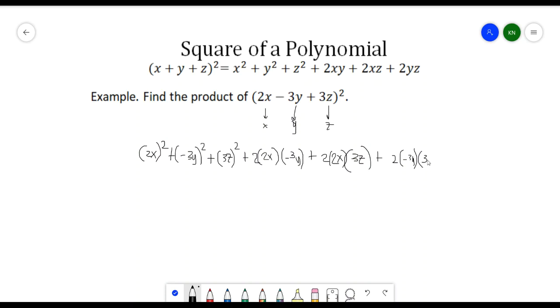which is positive 3z. So simplifying, we have 4x squared plus, negative times negative, that is positive, and 3 squared, that is positive 9y squared. For this one, we have 3 squared, that is 9z squared.